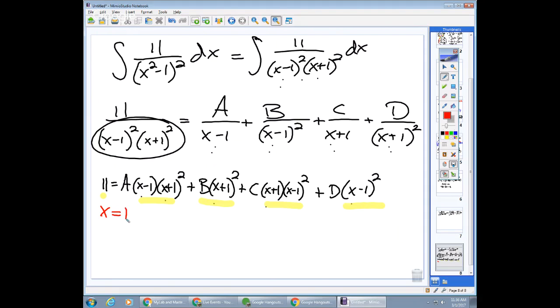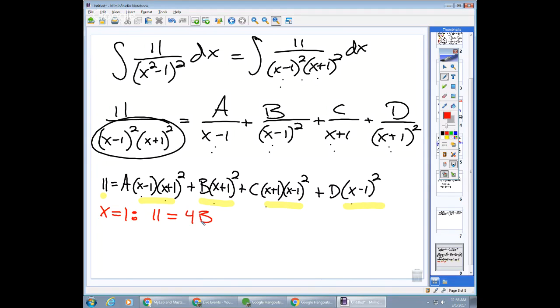So if x equals 1, then I'm going to end up with 11 equals, anytime there's an x minus 1, that whole thing zeroes out, which is nice. That's why I call them convenient. So the A stuff is gone. The B's are not. 1 plus 1 is 2. 2 squared is 4. So I'm going to get a 4B. The C stuff is gone and the D stuff is gone.